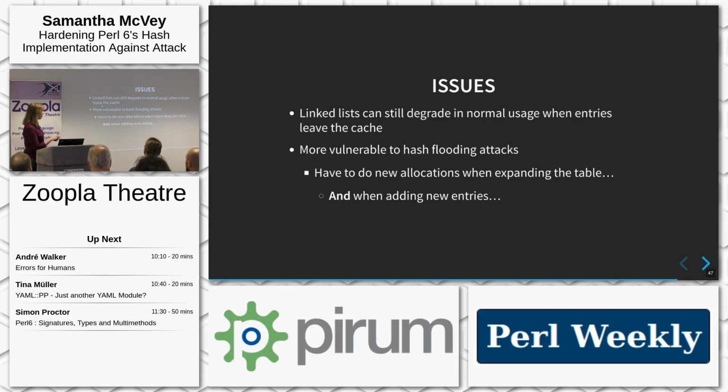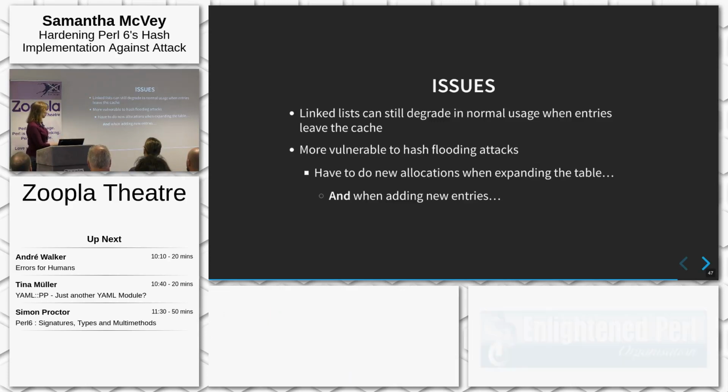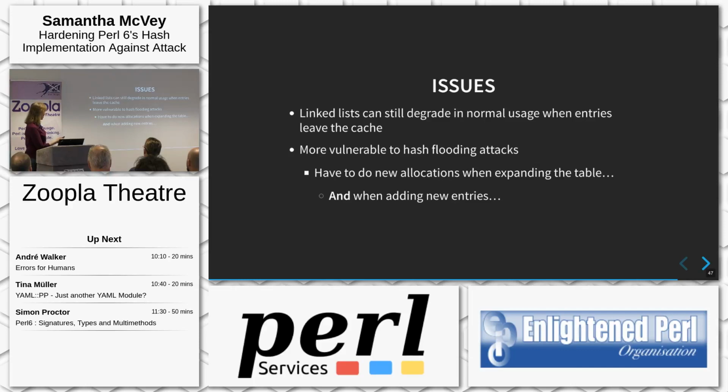They're more vulnerable to hash flooding attacks, which aren't the denial of service attack I talked about, but basically just putting tons of things in it. And you have to do new allocations when you expand the table or add new items, and that takes time and causes memory pressure with the garbage collection as well.